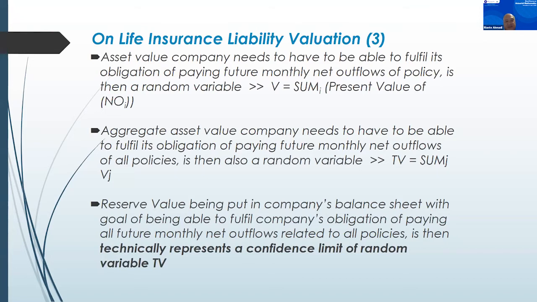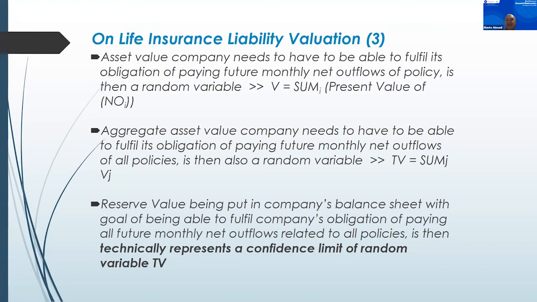You can imagine you can add them up to get the aggregate asset value the company needs to have to be able to fulfill all its obligations of paying future net flows in the futures of all the policies the company has. That aggregate value is again a random variable. It's the sum of all those V above, the TV here.